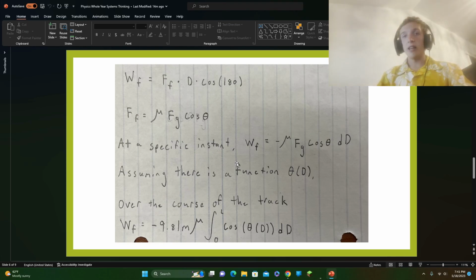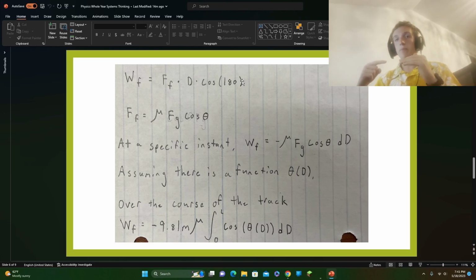So we know that the work of friction is going to be equal to the magnitude of the force of friction times the distance along the track times the cosine of 180, because friction is acting in the opposite direction of motion.